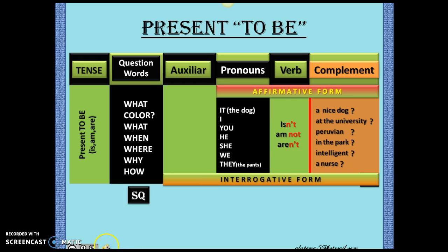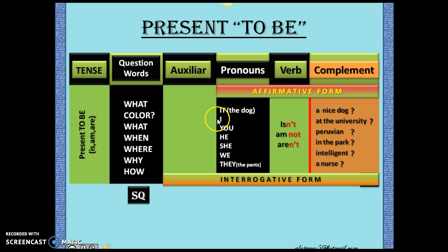You can only make a contraction with the pronoun in singular, with the pronoun I, with the verb to be am. So in this case it's I'm, okay?